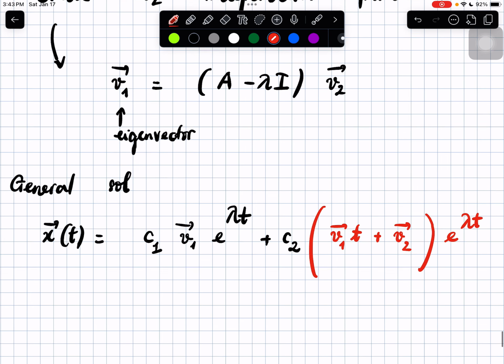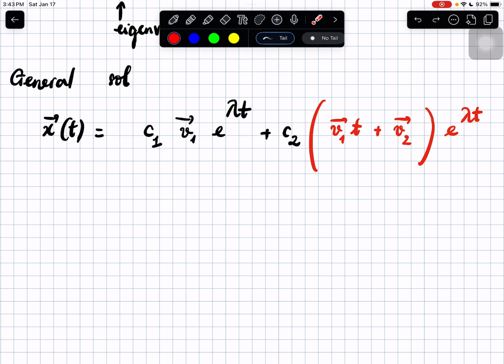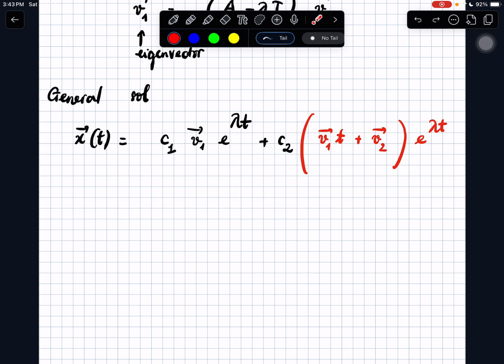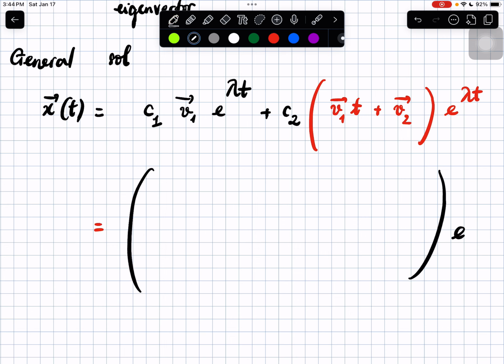So here we have a general solution. Now let's sketch the solution curve. We see that e^(lambda t) is in common: e^(lambda t) times c1 v1, c2 v1 t, and c2 v2.